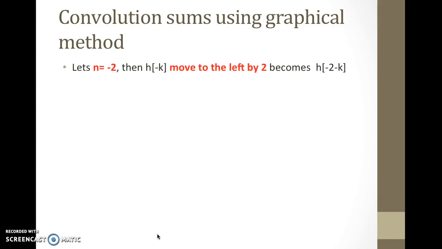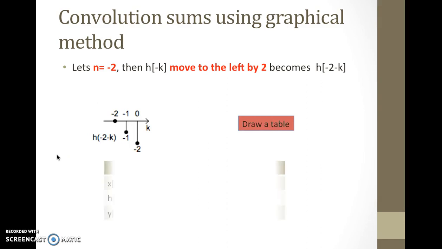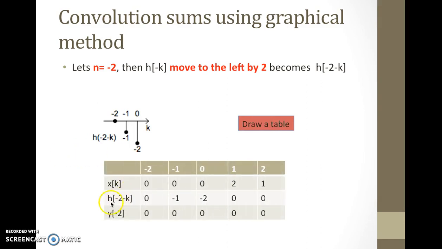Okay, now let's take n equals minus 2. When n equals minus 2, it has to move to the left by 2, so it becomes h of minus 2 minus k. This is the graph of h of minus 2 minus k. You have to draw a table. Now h of minus 2 minus k has a value of minus 1 here, and at 0 it is minus 2.